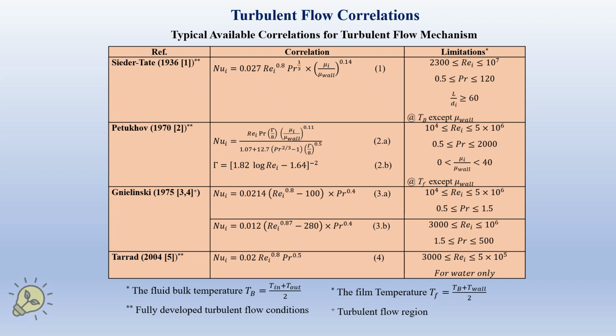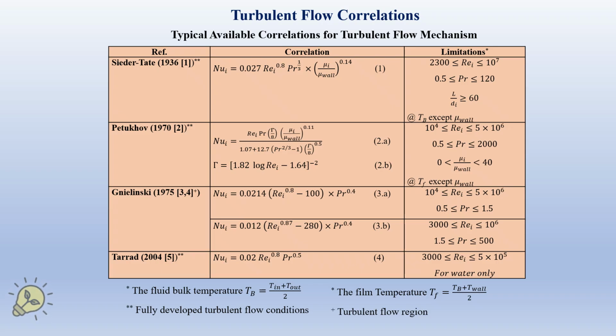One of the oldest correlations is called the Seider-Tate correlation, which was built in 1936, and it depends on the Reynolds and the Prandtl numbers for limitations and conditions as shown in equation number 1.